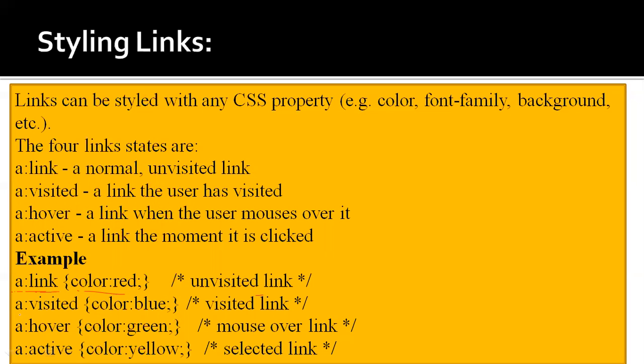If I write a colon visited, then inside the brackets color colon blue, it means the color of a visited link will be blue. And a colon hover color colon green means when the mouse is over the link, the color will appear as green. And when the link is selected or active, the color will appear as yellow.